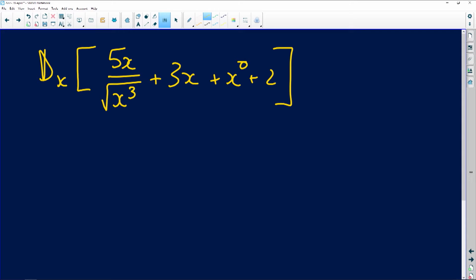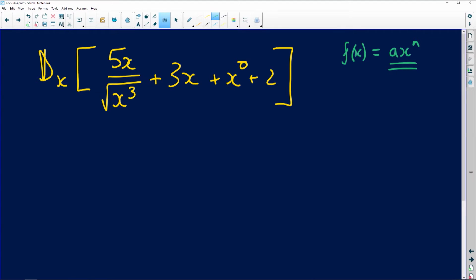Now people remember, I'm going to put our form down here. If f of x is ax to the n, that's the form that we want, and only then can we differentiate. If we look at this question, the notation is also different. If I tell you to find d/dx of ax to the power of n, it means the same as finding the derivative with respect to x of that.